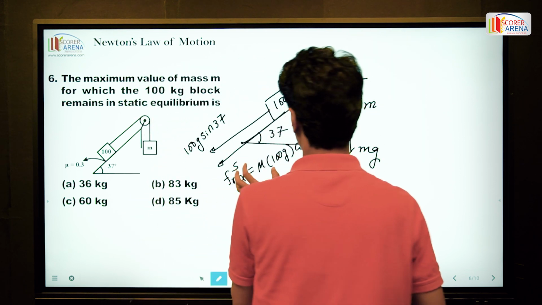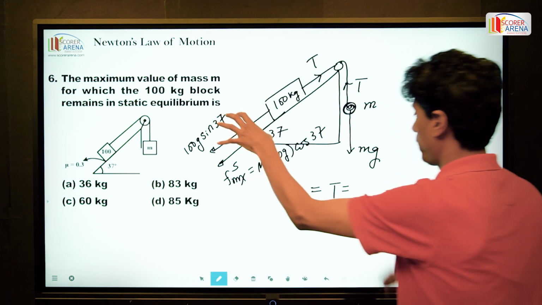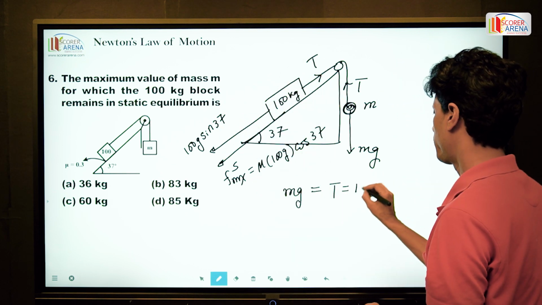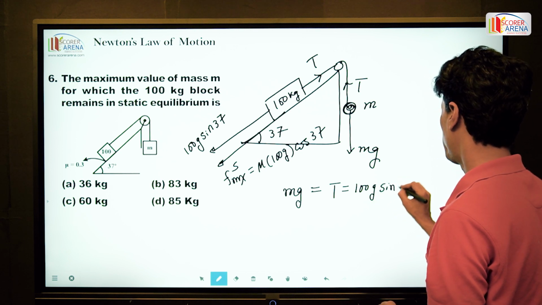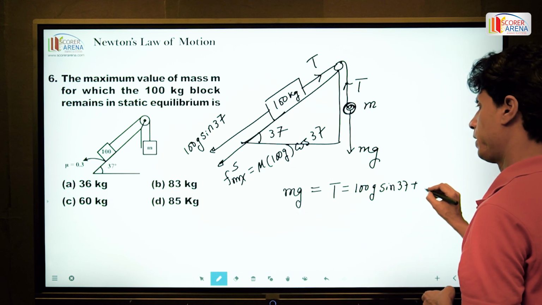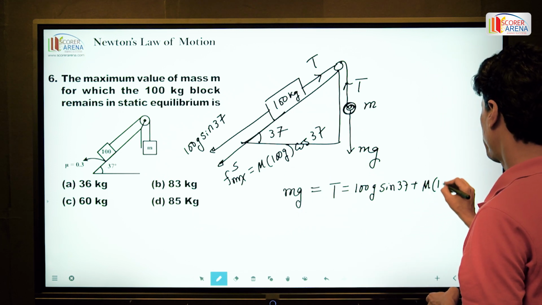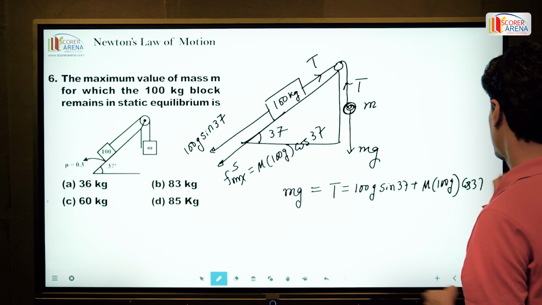Since this body is at equilibrium condition, T is equal to 100 g sine 37 plus mu 100 g cos 37.